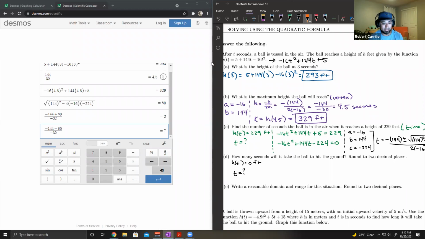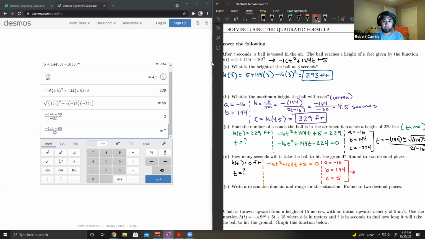So guess what we have to use again, guys? Quadratic formula. And it's going to be on the original function above. So if height is 0, then again, it's going to be negative 16t squared plus 144t plus 5 equal to 0 this time. And now, using the quadratic formula, we have a is negative 16, b is 144, and c is 5.